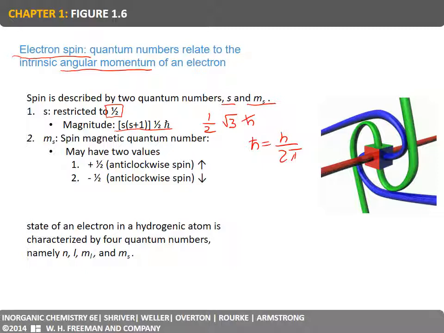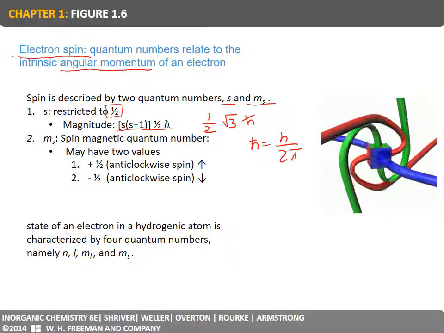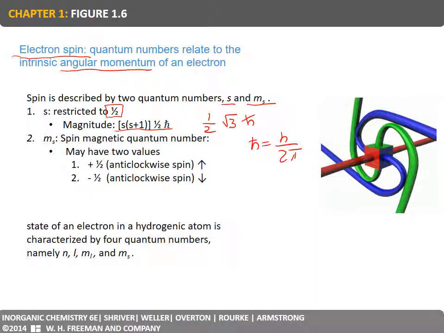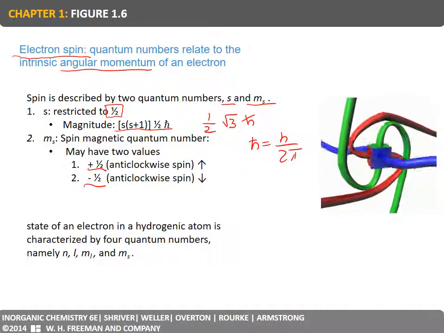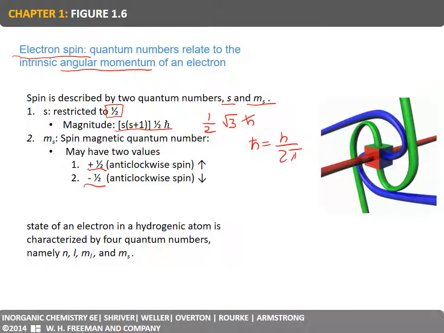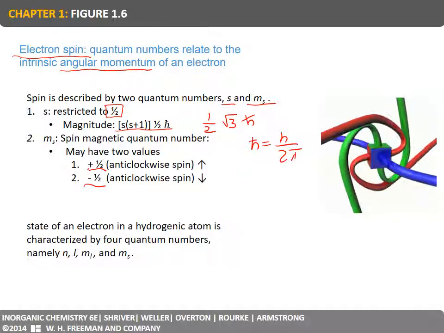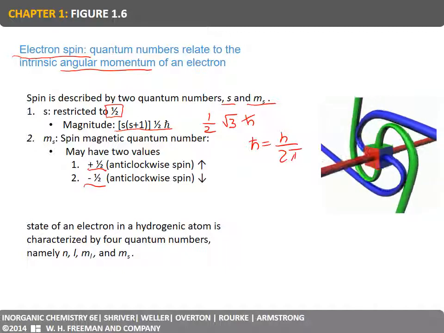So the other number is ms, which is the spin magnetic quantum number, which can either be positive 1/2 or negative 1/2, or otherwise known as anti-clockwise spin or clockwise spin, denoted with arrow up or arrow down.